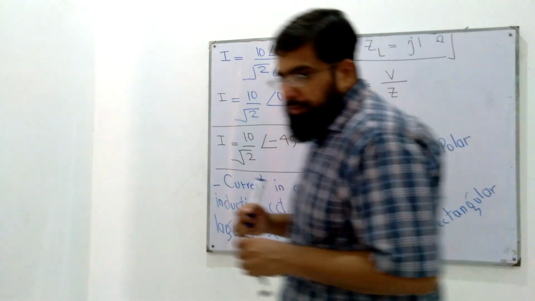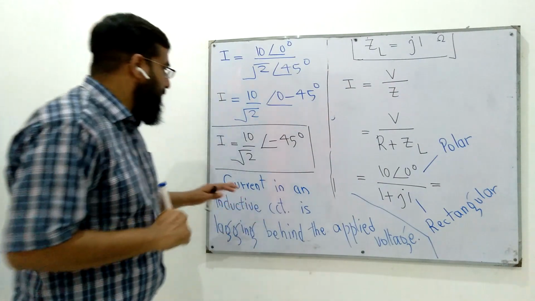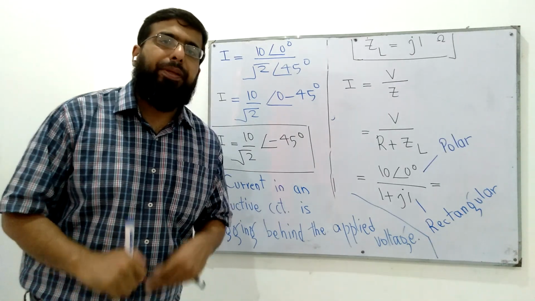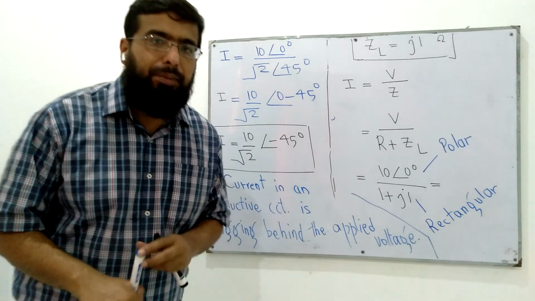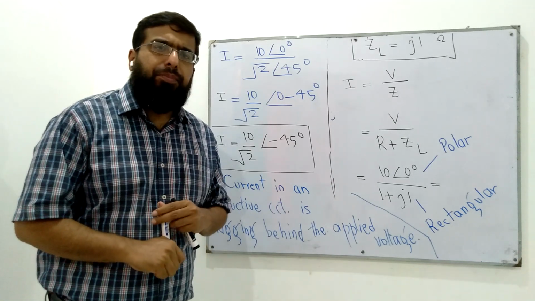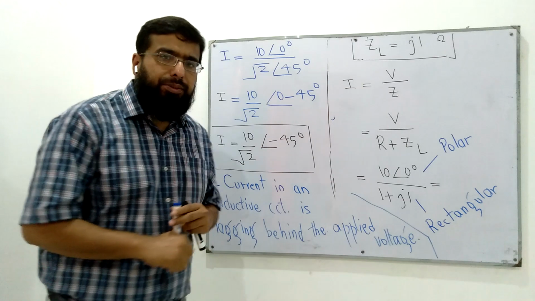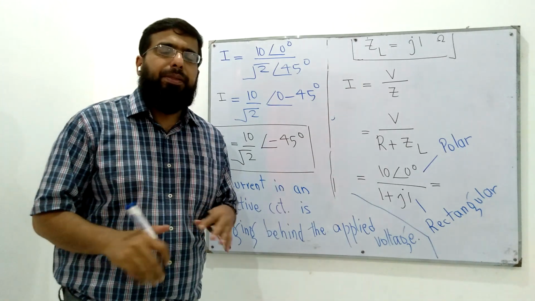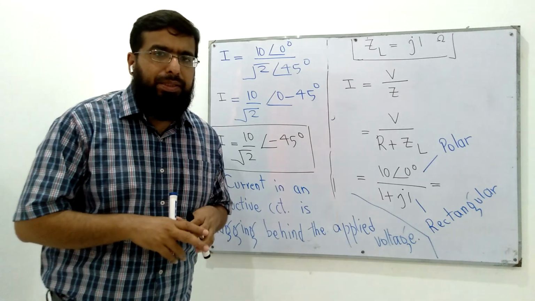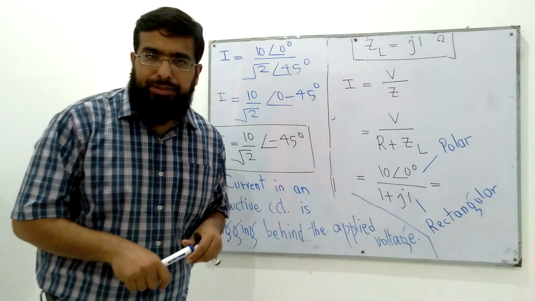And we can very easily establish that for a series RC circuit, current would be leading the applied voltage. In the lectures to come, we'll study more circuits related to ACs, and we'll apply basic theorems like KVL, KCL, nodal analysis, and loop analysis for AC circuits. Thank you.